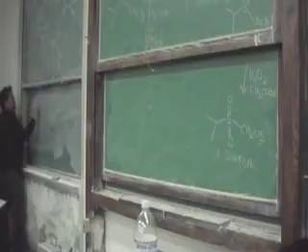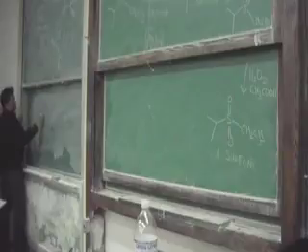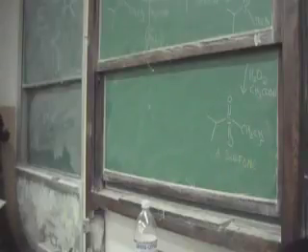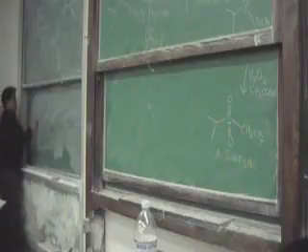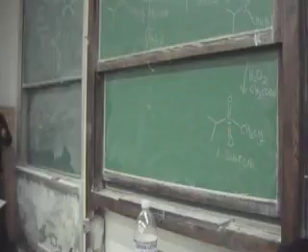So as an intermediate, what you go through in this reaction is that kind of radical, an allylic radical. And that radical is extra stable because of what?